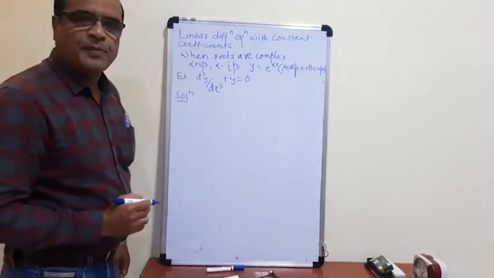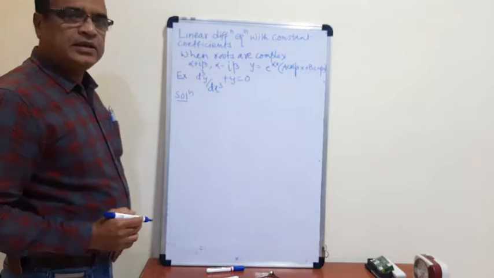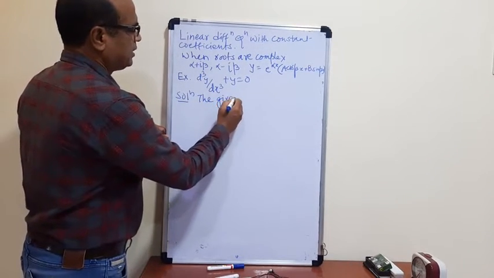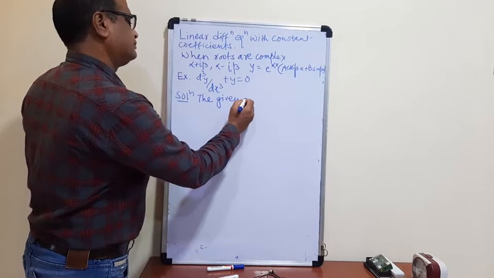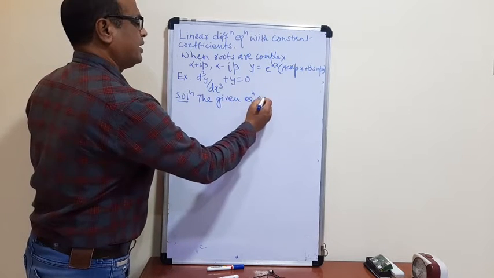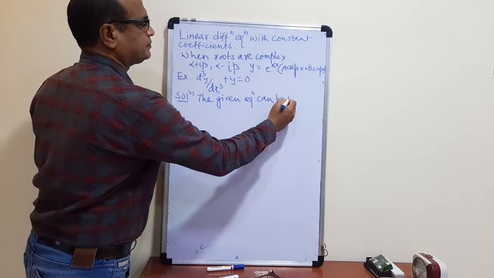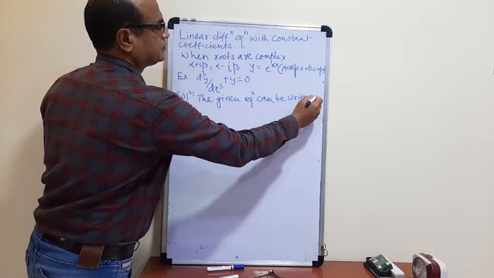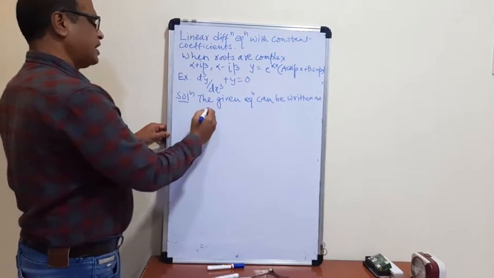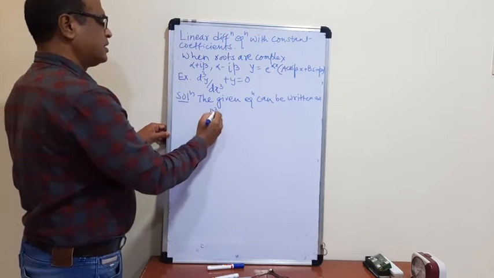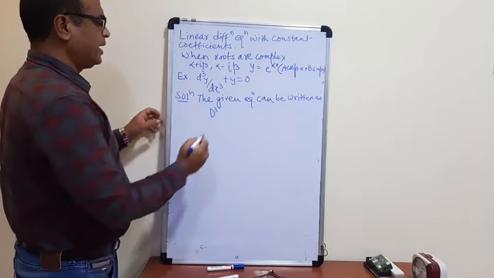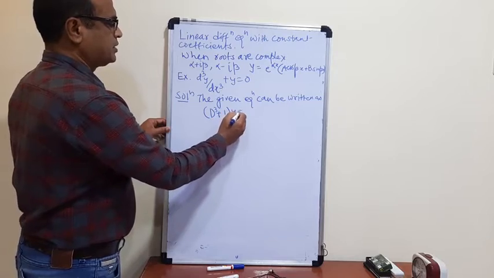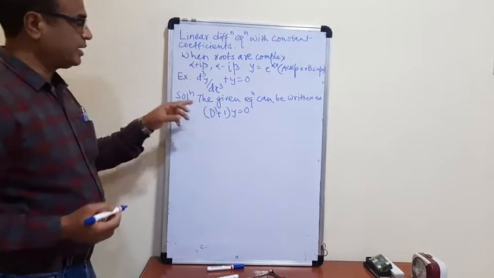By using the operator D, the given equation can be written as d cube plus 1 into y is equal to 0, where D is the operator.